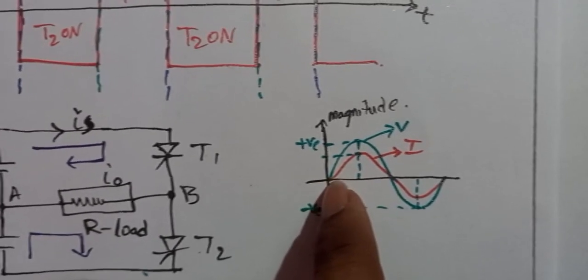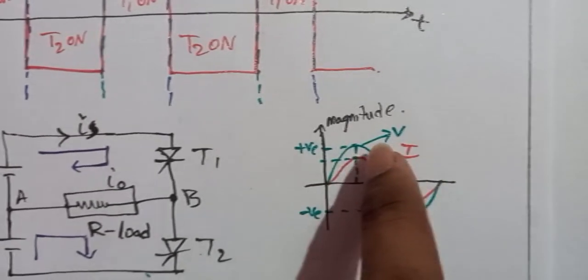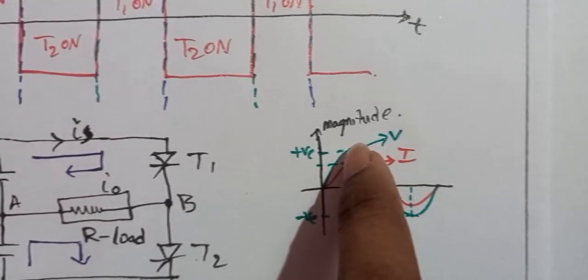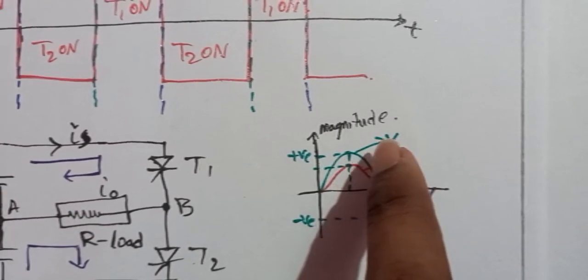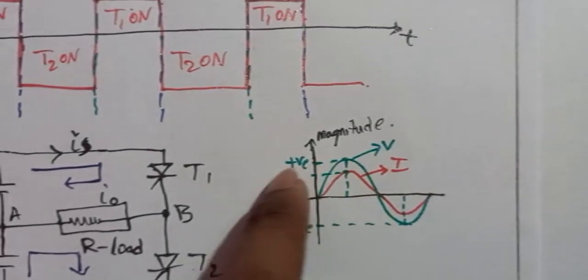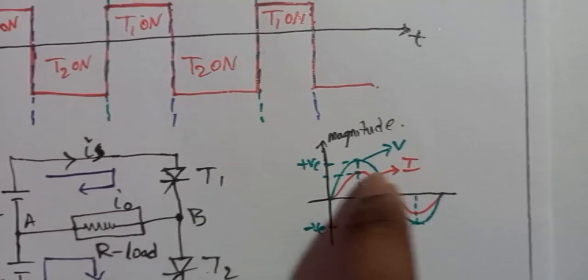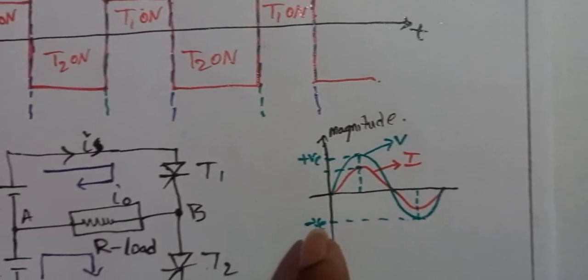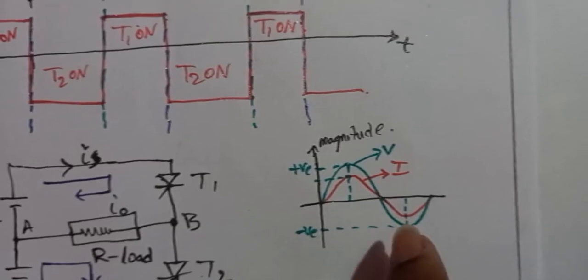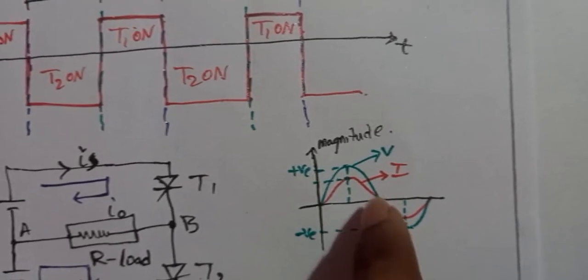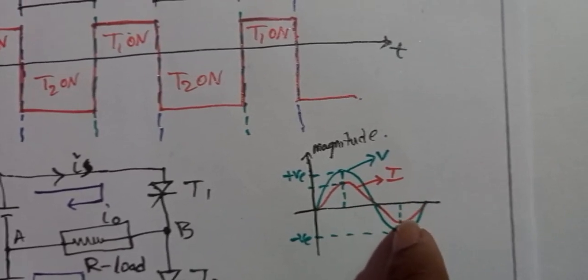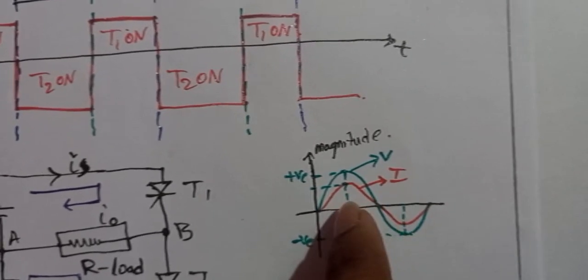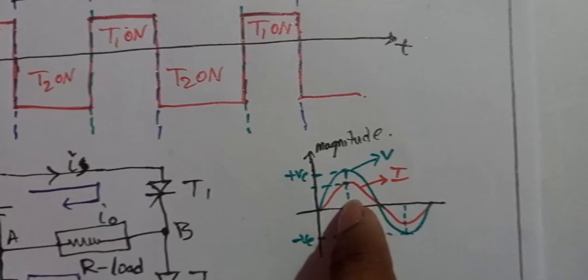Where the voltage waveform starts, the current also starts. Where the output voltage gets a peak magnitude, the current also gets a peak magnitude. Likewise for the negative half cycle, where we get a negative peak amplitude of the voltage, we get a negative peak amplitude of the current at the same place. We get the peak amplitude at 90 degrees.